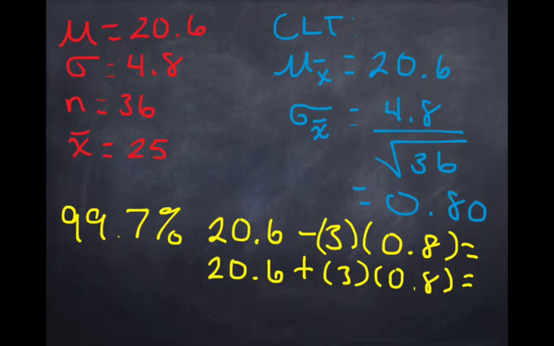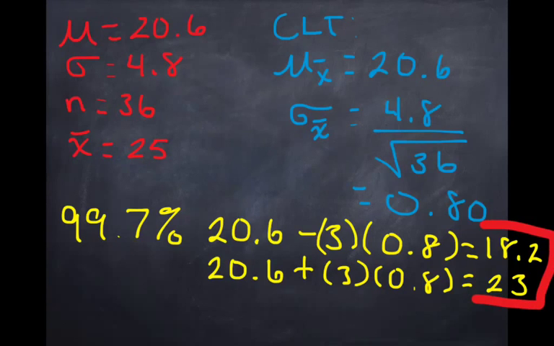And so I'll just give you a minute to figure those out. And so if you figure those out, you should get 18.2 and 23 for your values. And so right here, here's our range for the 99.7%.